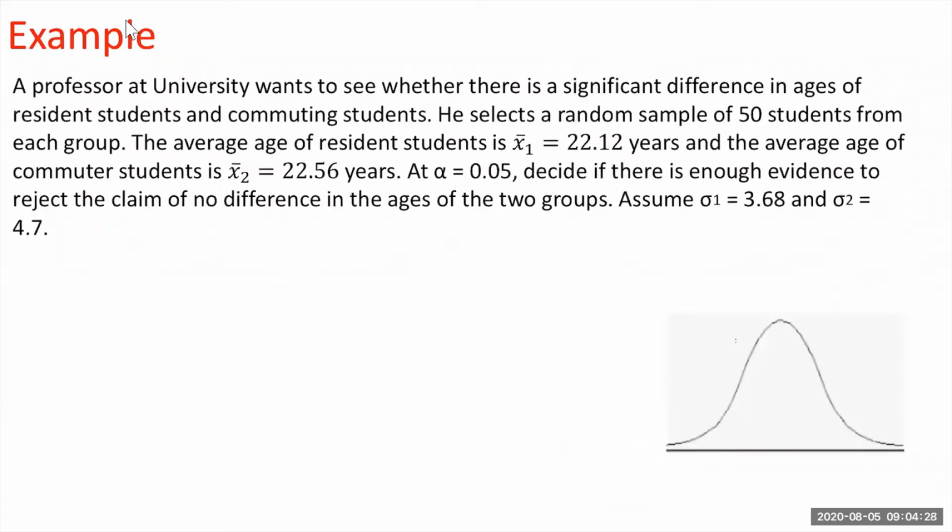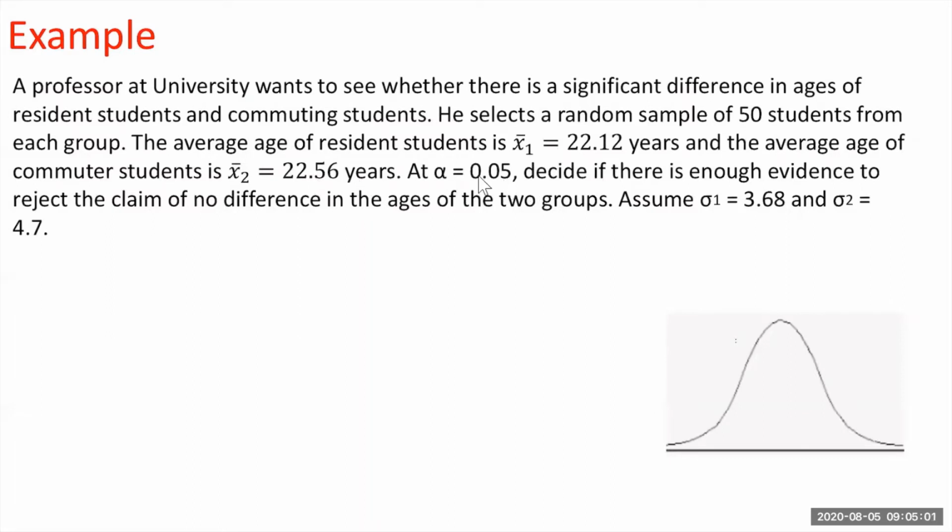Here is our example. A professor at a university wants to see whether there is a significant difference in the age of resident students and commuting students. He selects a random sample of 50 students from each group. The average age of the resident students, the first mean, is 22.12, and the average of the commuter students, the second mean, is 22.56.